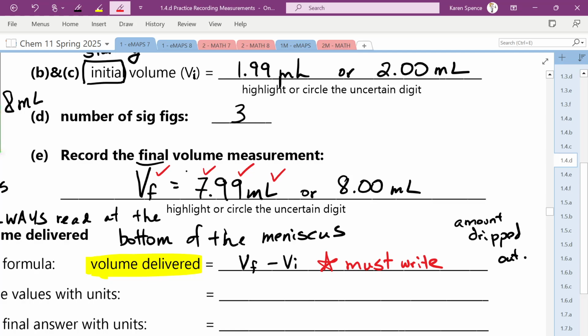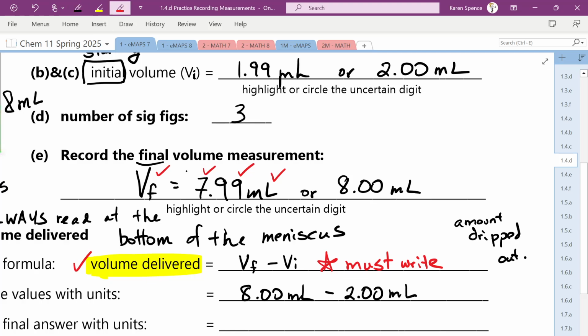Here, you get a mark for writing volume delivered equals V_F minus V_I. Then you can substitute in 8.00 milliliters minus 2.00 milliliters.